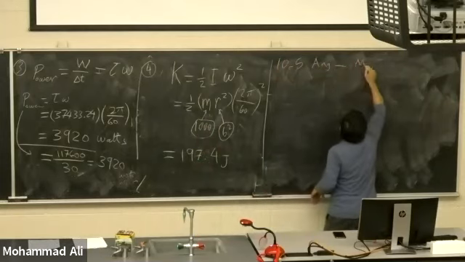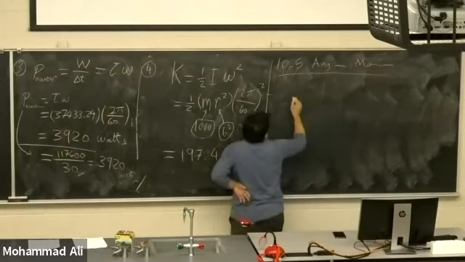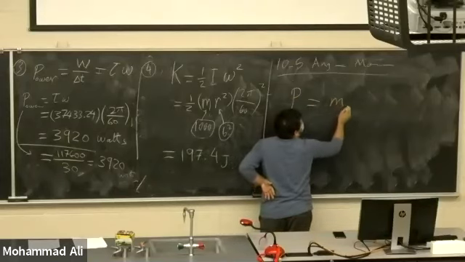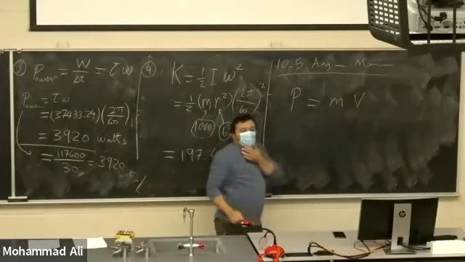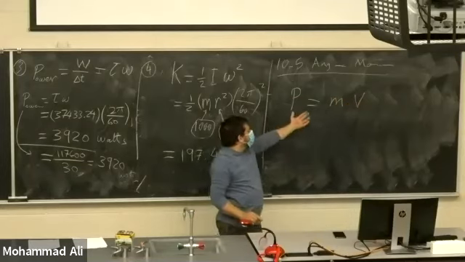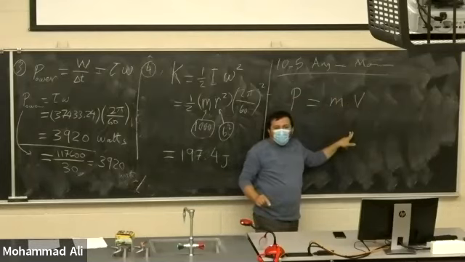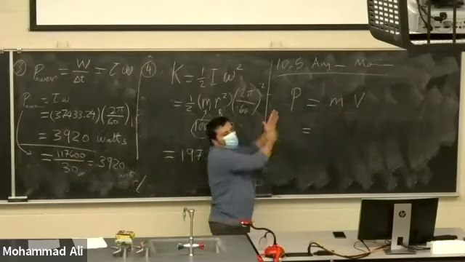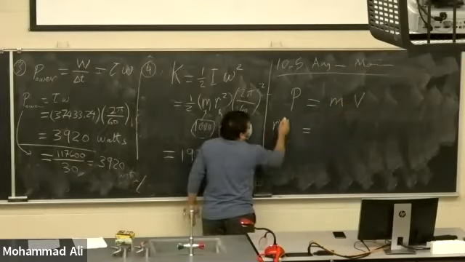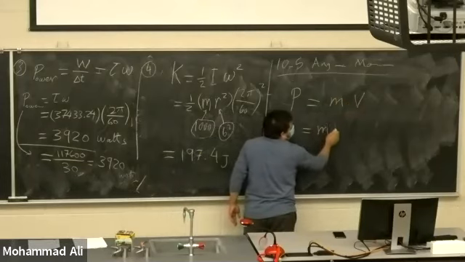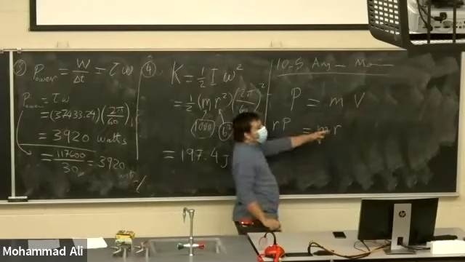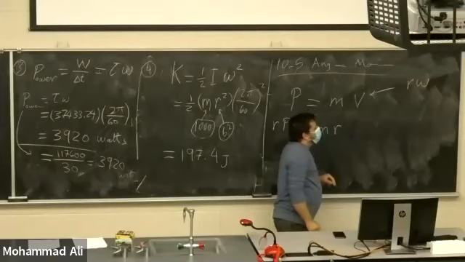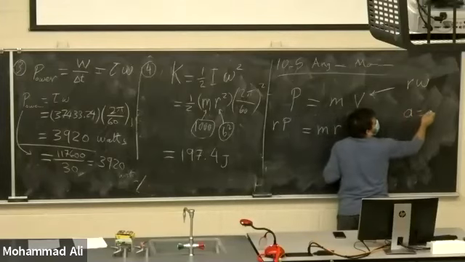Angular momentum. As we know from before, the momentum P is equal to m multiplied by v. What if we need to talk about angular momentum? M will be I, v will be omega. But how will we do that? If we multiply both sides by R, P becomes m R v. But v is equal to R omega, and the acceleration is equal to R alpha.